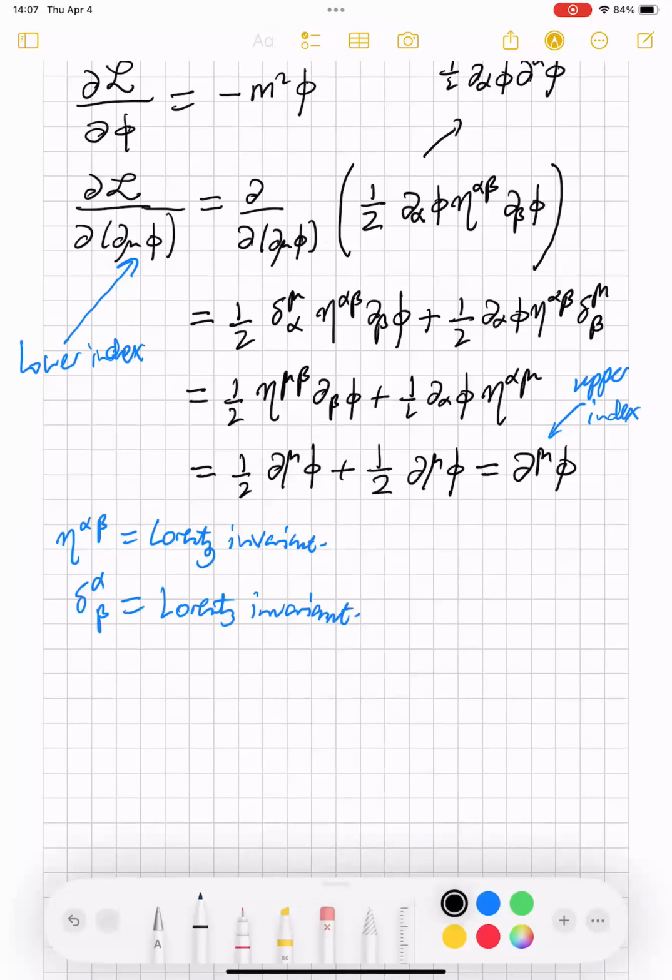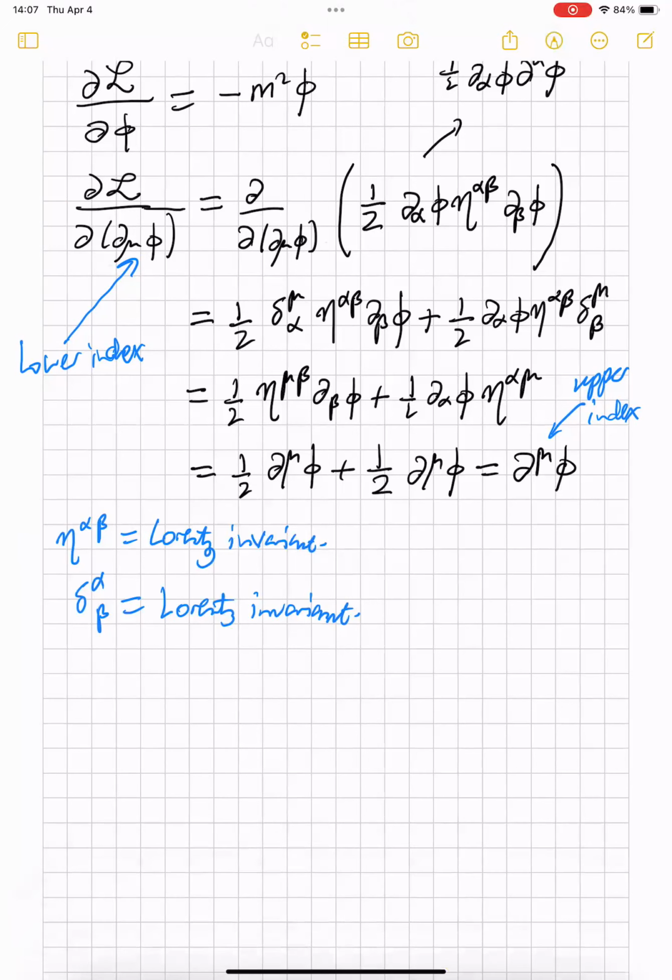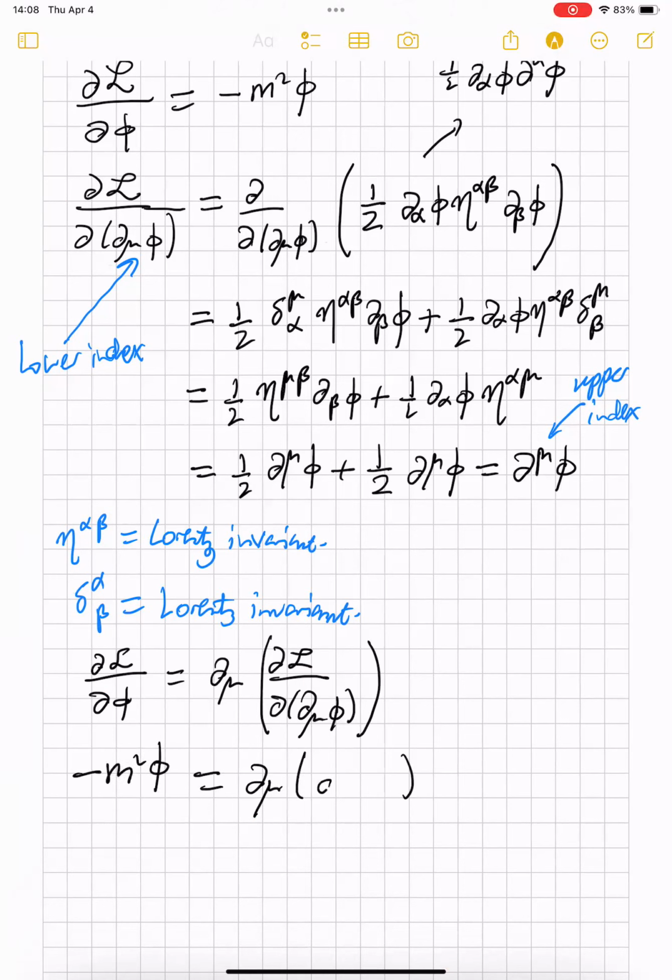Good. Okay, so now what is the Euler-Lagrange equation? Well, dL d phi should be equal to d mu dL d d mu phi. dL d phi was minus m squared phi equal to, now we'll have d mu, and dL d d mu phi was d mu up phi.